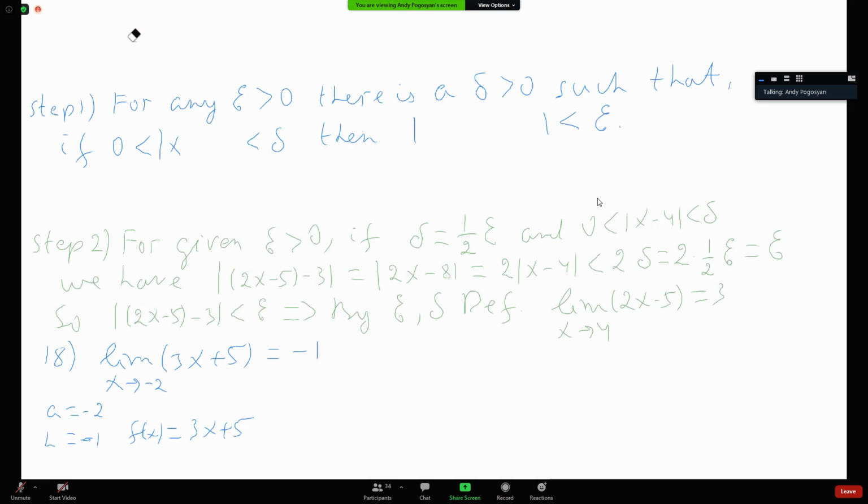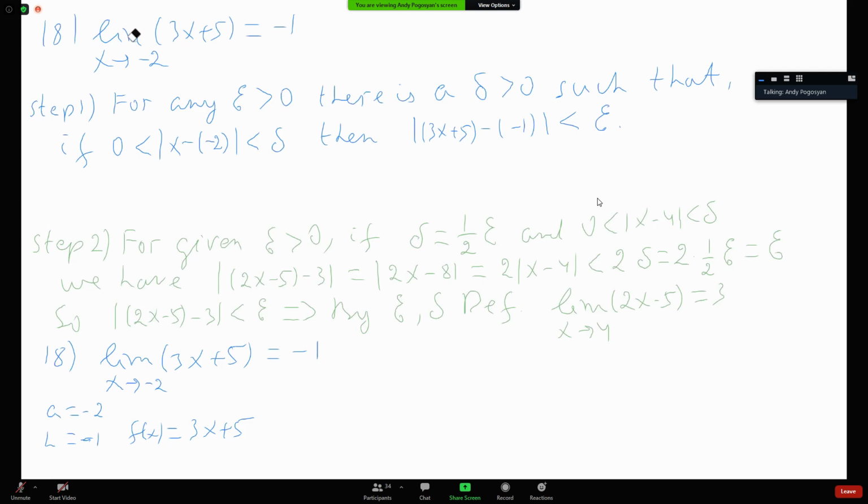So you have limit, so x minus negative 2 less than delta, then 3x plus 5 minus negative 1 is less than epsilon.